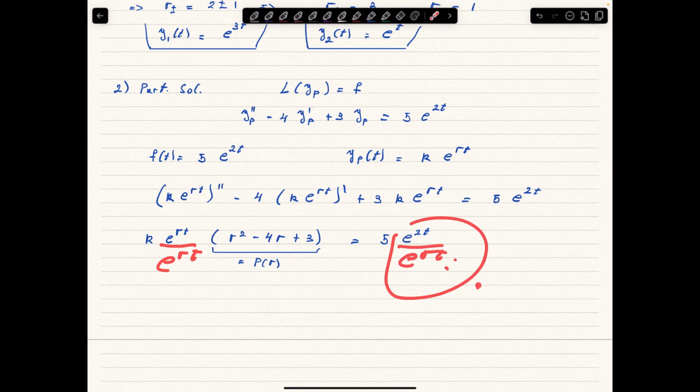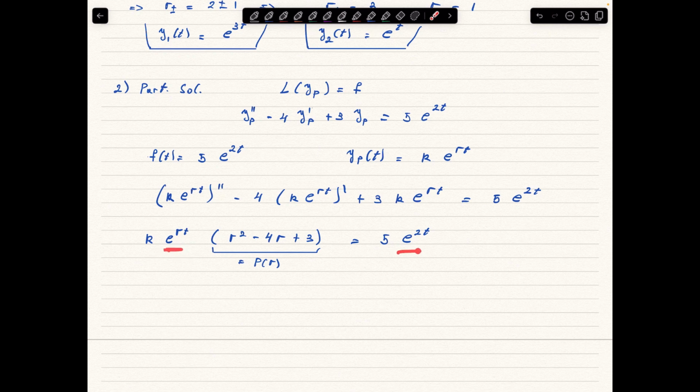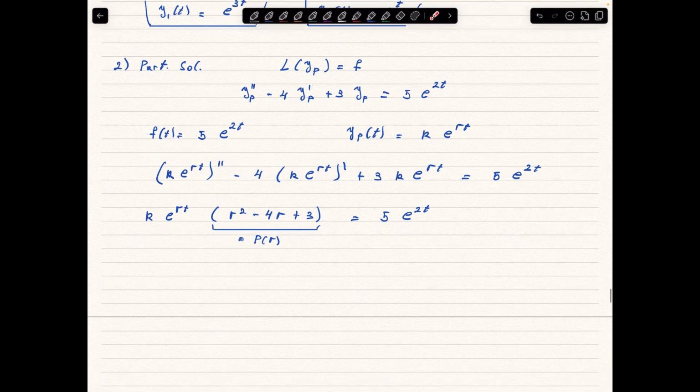So what we need to do is choose r in a different way. We need to choose r so that this exponential cancels this exponential. So now what we need to do is choose r to be 2.